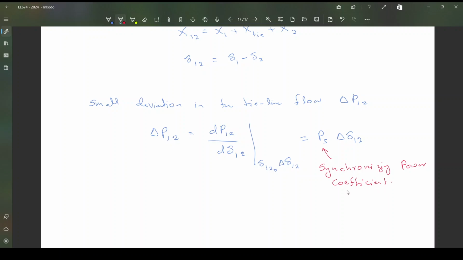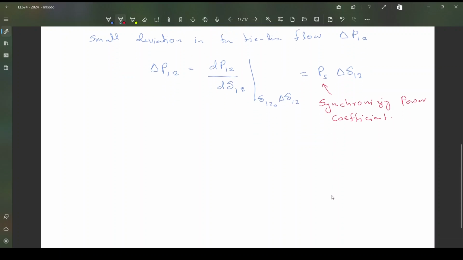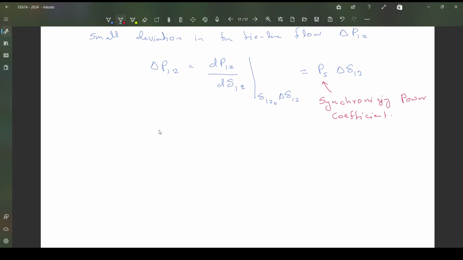This is actually, if you take the power and angle curve, PE and delta, the power becomes maximum at 90 degrees, P max. From 0 it increases, and then it becomes maximum at this point, and it drops, and at 180 degrees it becomes 0. So this is the power angle curve.